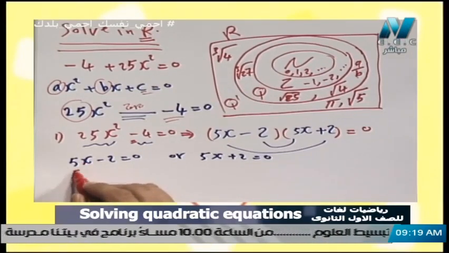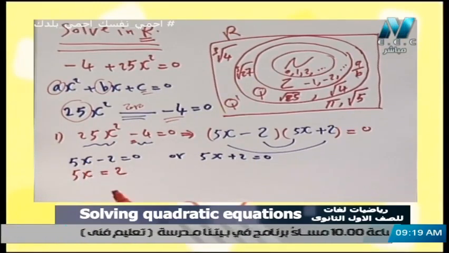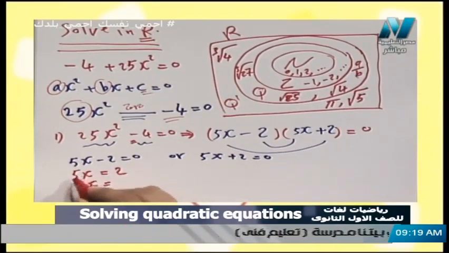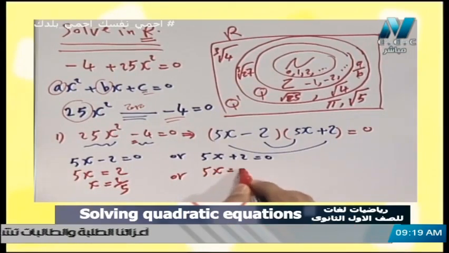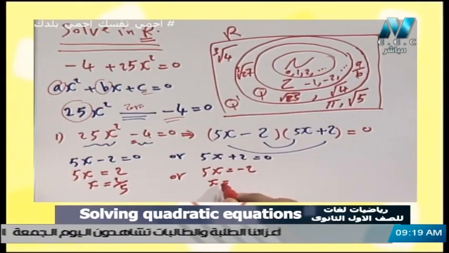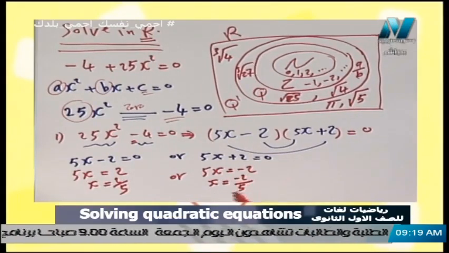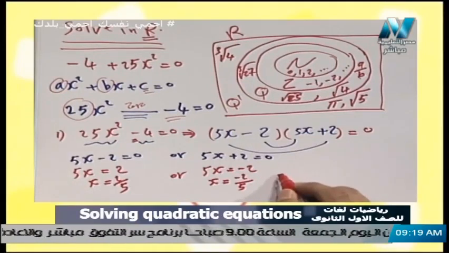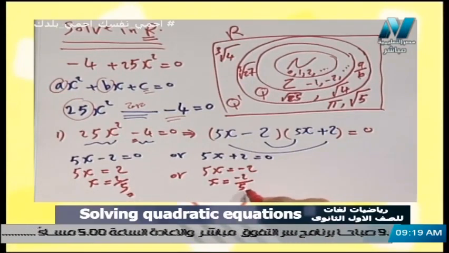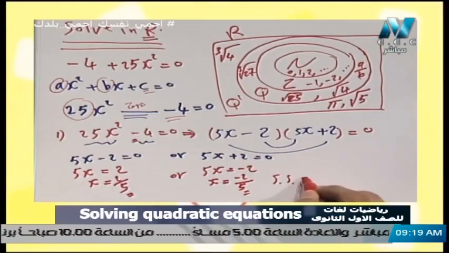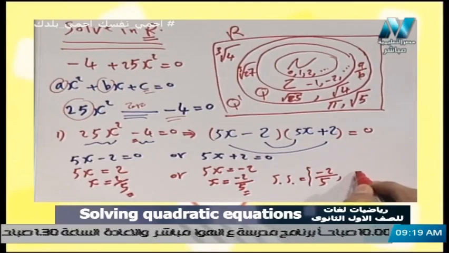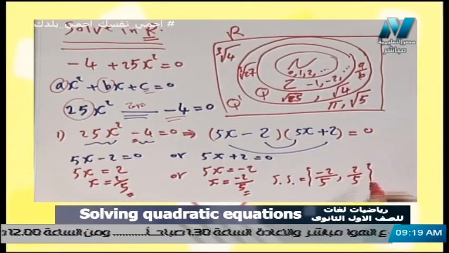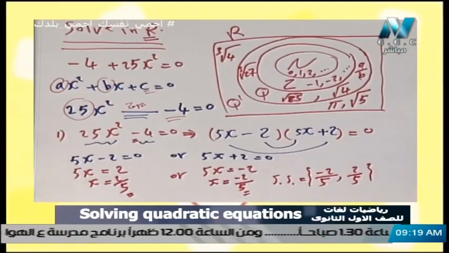Here 5x equals 2, so x equals 2 over 5, or 5x equals negative 2, so x equals negative 2 over 5. So the two roots are 2 over 5 and negative 2 over 5, or the solution set equals {-2/5, 2/5}. This is the solution set by this method.